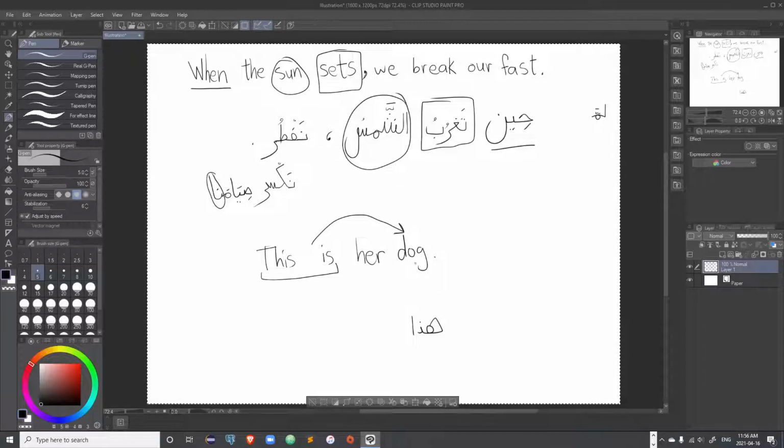If it is the masculine form of dog, you would say هذا. If it is the feminine form of the dog, you would say هذه. Her is a possessive pronoun, which is one of the suffixes that we talked about for she. هذا كلب, that is dog. كلب, and this is where it ends. And what was the suffix? كلبها. So her is here.